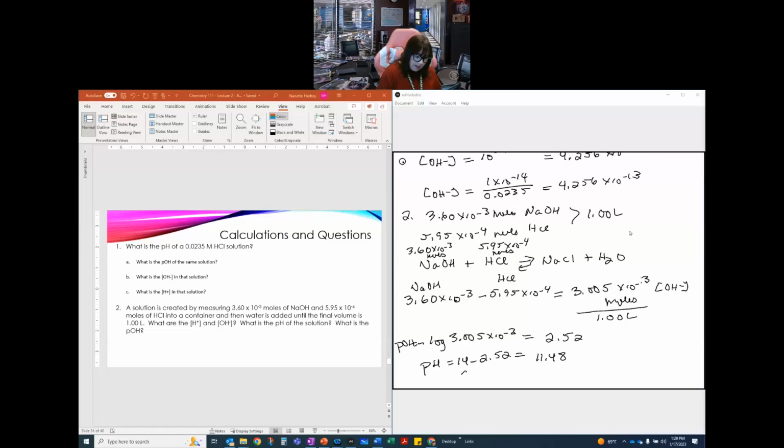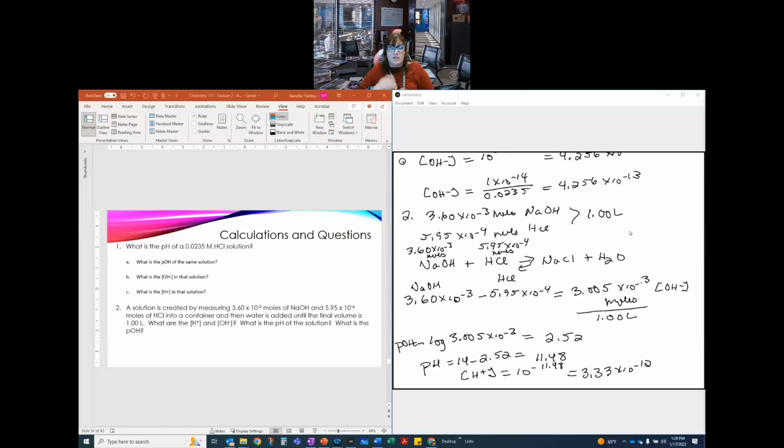So if I want to calculate a concentration of H plus, that's equal to 10 to the negative 11.48. So I take second 10 to the x of the negative second answer, and that gives me 3.33 times 10 to the minus 12. So those are all 4 of the answers that I was asked to find.